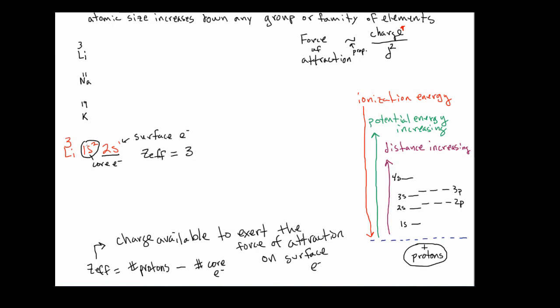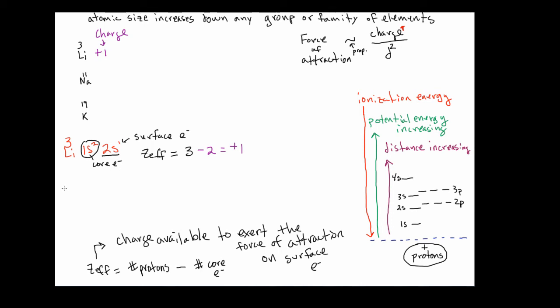And they operate by screening some of the charge that's in the nucleus away from the charge that's available to pull on the surface electron here. So when we calculate the Z effective for this outer electron in lithium, it's going to be 3 minus 2, or plus 1. And I'm going to go ahead and write that down up here next to the lithium. So my charge available to generate force on that surface electron is plus 1 for lithium.